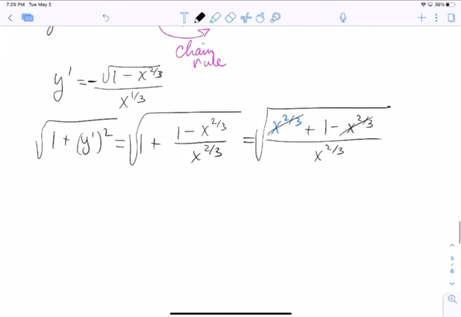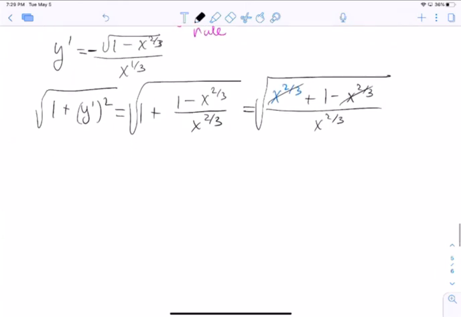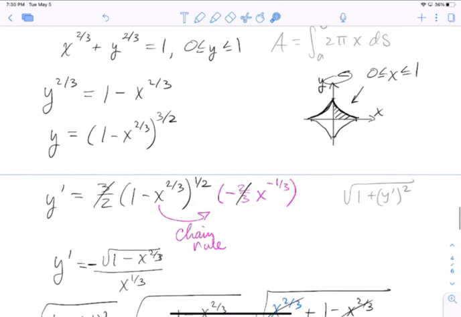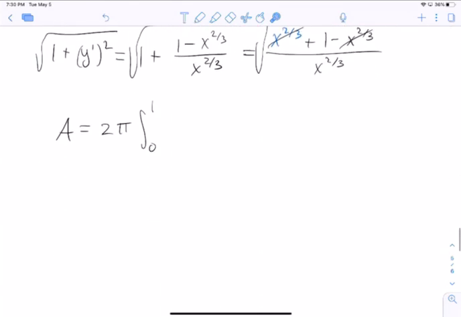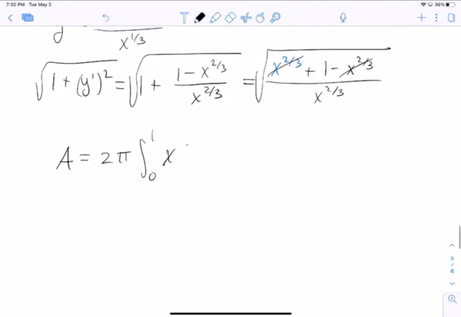And so I'm ready to put this into our formula. A is going to be 2 pi times the integral from 0 to 1 of, now don't forget in our formula, we have x. So x times the square root of 1 over x to the 2/3, so 1 over x to the 1/3 dx.